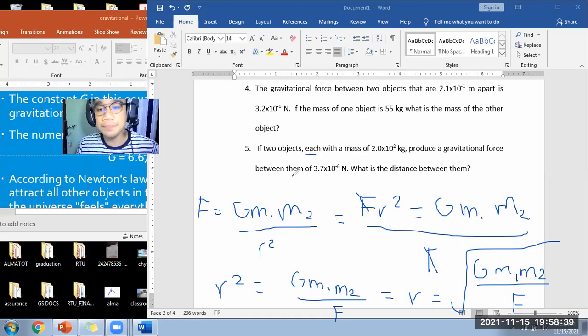So magiging 6.67 times 10 to the negative 11 times 2.0 times 10 to the 2 times 2.0 times 10 to the 2. Then divide lang natin sa 3.7 times 10 to the negative 6. So what will be the value of r? So apply na lang sa calculator.